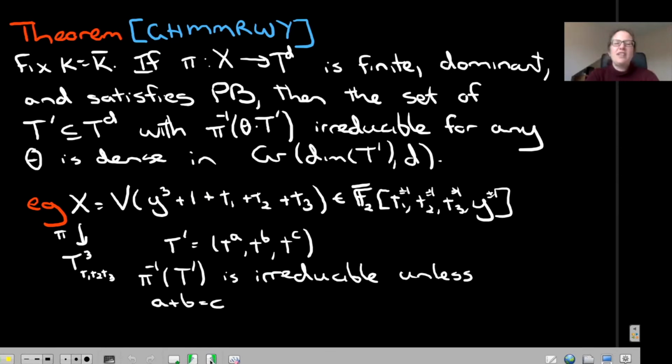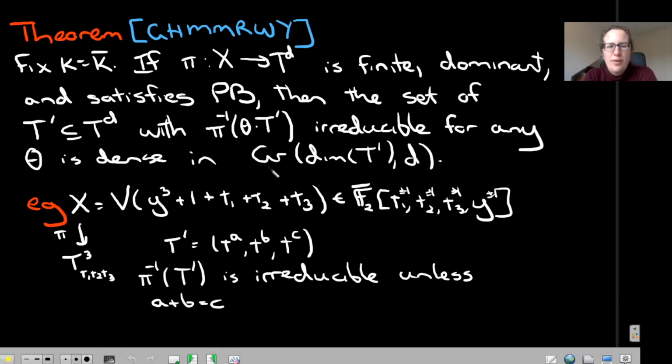let me state. So I said a Toric Bertini theorem on the previous slide because I'm going to state it in a slightly variant fashion. We're going to start with an algebraically closed field, and now if my projection from X to T to the d is a finite dominant map satisfying the pullback property, then we're claiming that the set of T prime for which the preimage of any coset of T prime is irreducible is dense in the space of all tori.